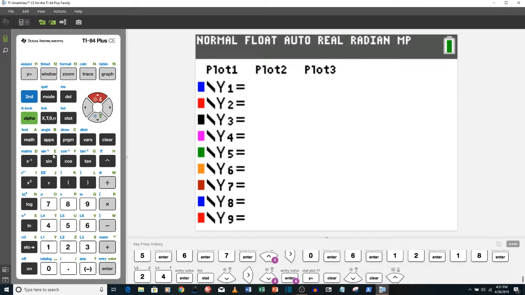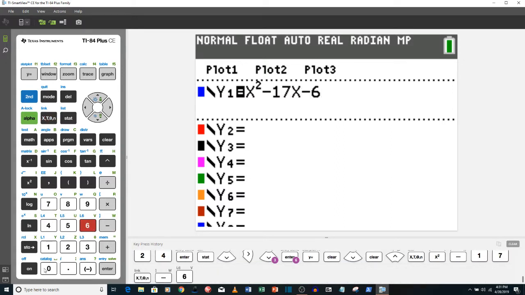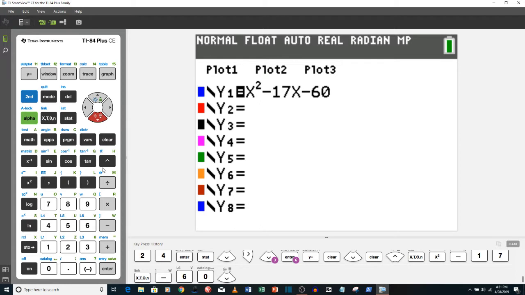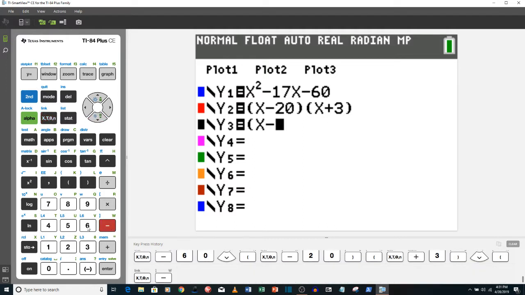And in Y1, we'll put x squared minus 17x minus 60. And then in Y2, we'll put answer choice A, open paren, x minus 20, close paren, open paren, x plus 3, close paren, down arrow, open paren, x minus 5, close paren, open paren, x minus 12, close paren.